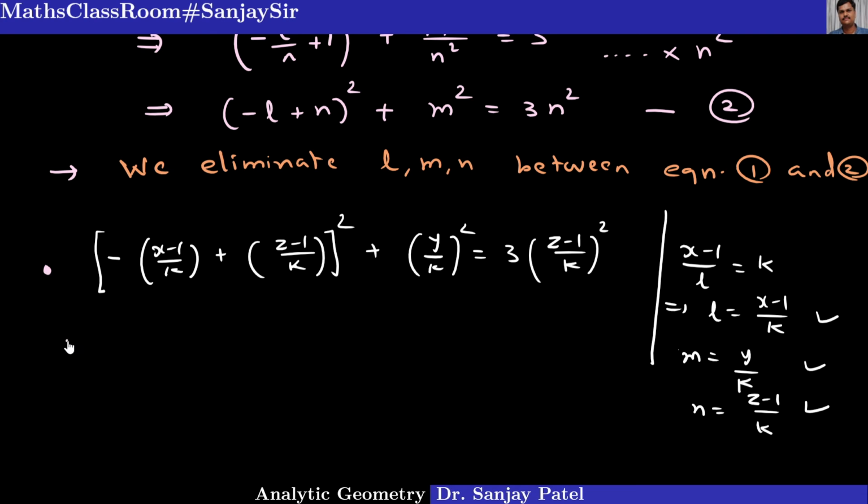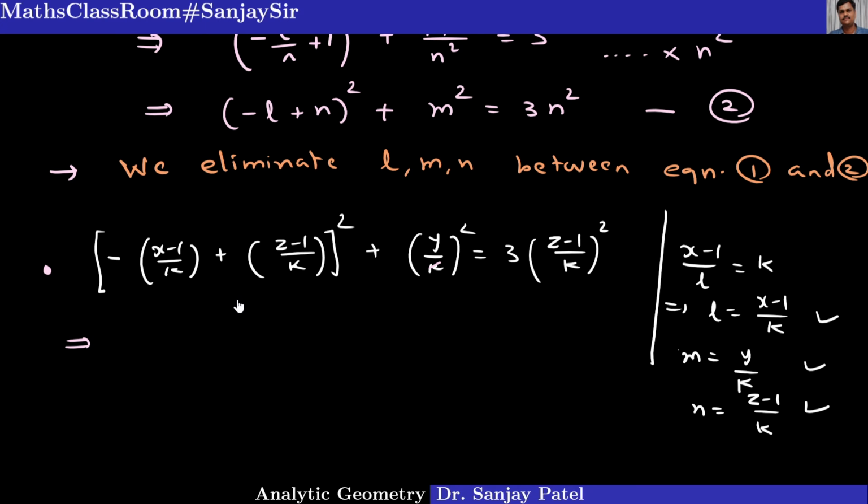Okay, we can directly write without using the k, because ultimately the k will be cancelled, because we have made equation 2 a homogeneous equation. So all degrees of k will be the same, and every term which involves k, I mean the term k or k square, will be cancelled on both sides.